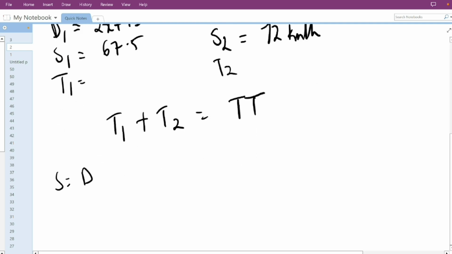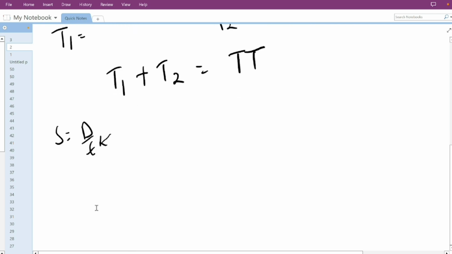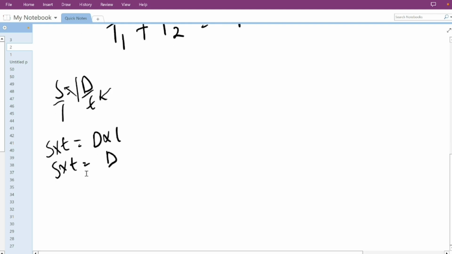Speed is distance over time, and here we are looking for time, so we'll make time the subject of the formula. You can say s over 1, then cross multiply: s times t equals d times 1, which is d. Since we're looking for t, we divide both sides by s.